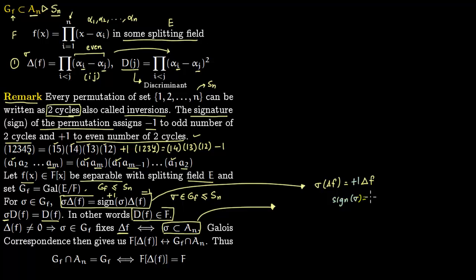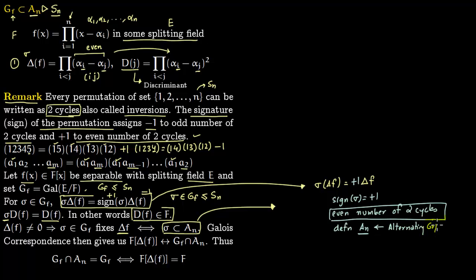The sign of sigma can be plus 1 only if you have an even number of 2-cycles. Because all these permutations are just 2 roots you're permuting, you have an even number of 2-cycles. And this even number of 2-cycles is precisely the definition of An. So this is the definition of the alternating group. So sigma will lie in An.